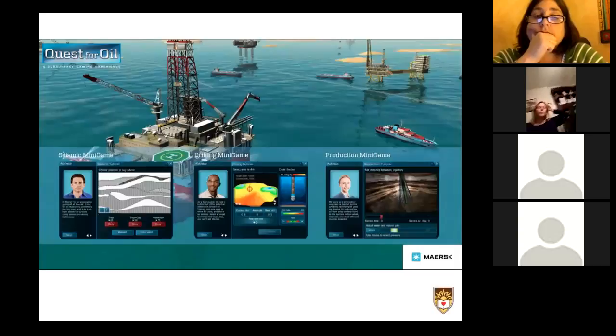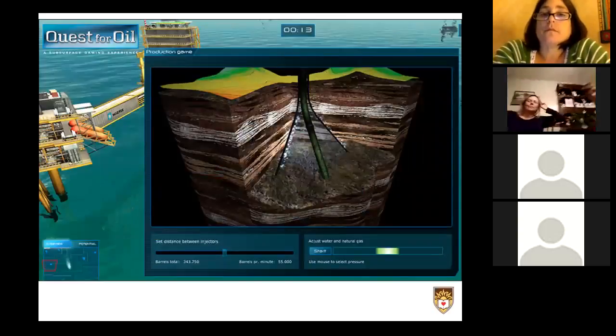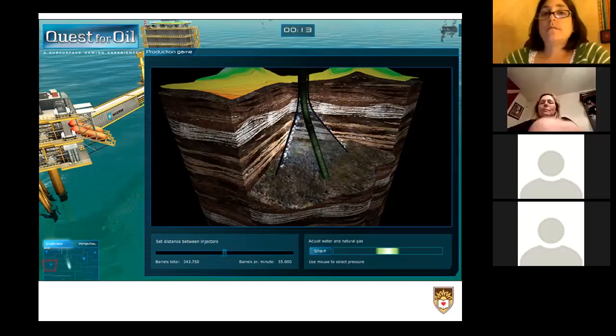And there are 3 components. This is it. How do they know if someone knows the concepts of how you actually drill in the sea bottom for oil? Well, there's a game. You level up, you get points. If you apply to them for a job, they look at your game score.